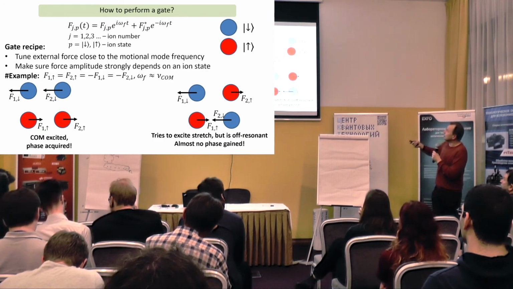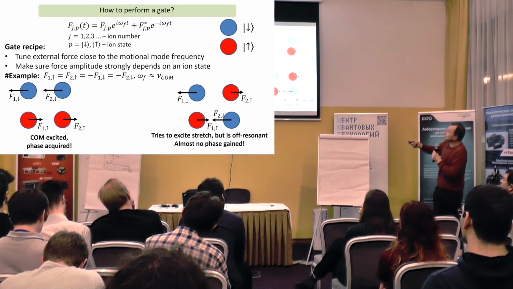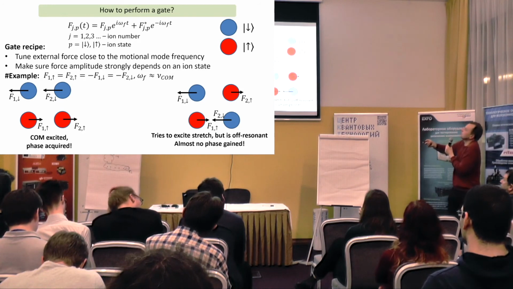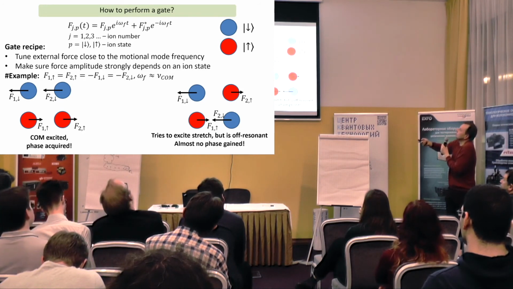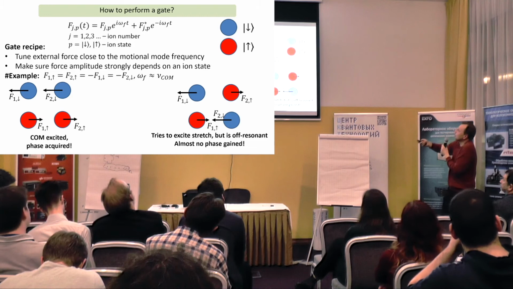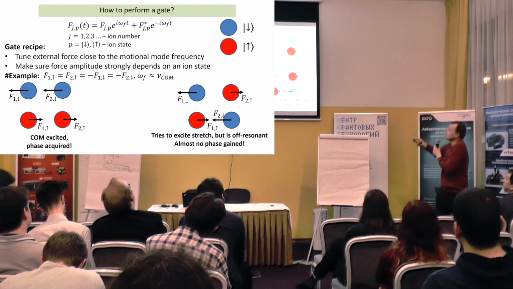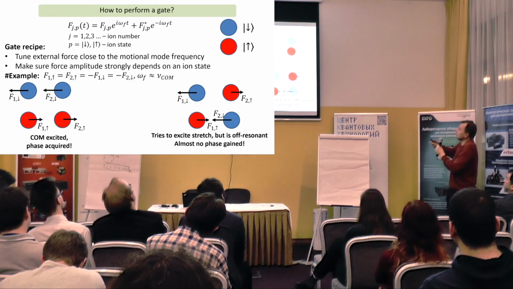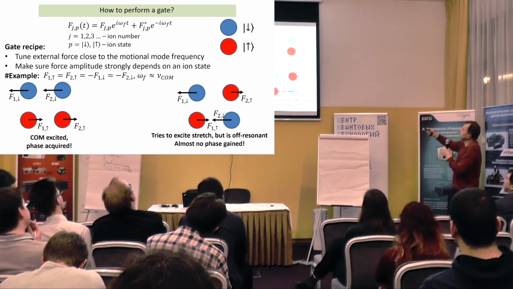And then we end up with the situation where the force for spin up ion 1, ion 2 is just opposite to the force for spin down ion 1, ion 2, which is good because then we have a very strong situation for the two pictures.